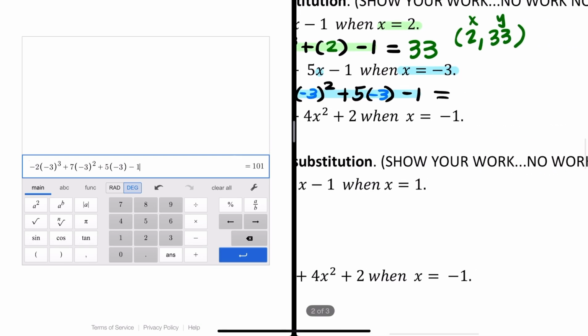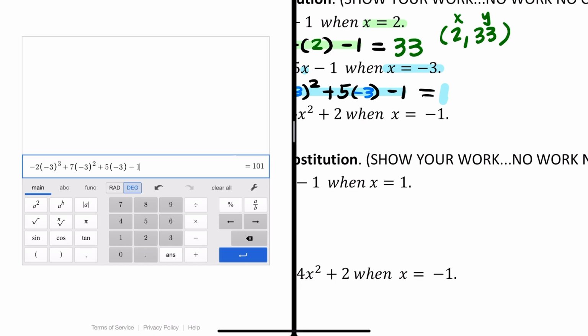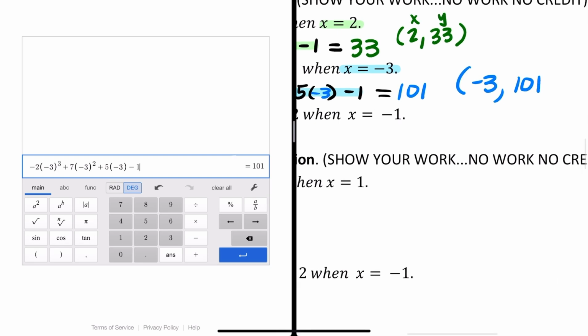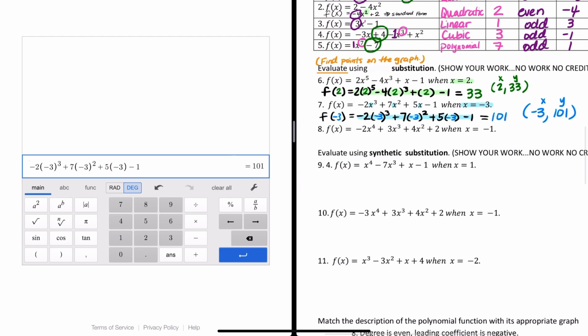And I got 101 as my answer. So final answer is input negative 3, output was 101. So this is the point on the graph that we just found for this function.